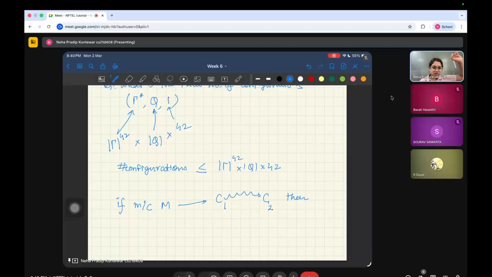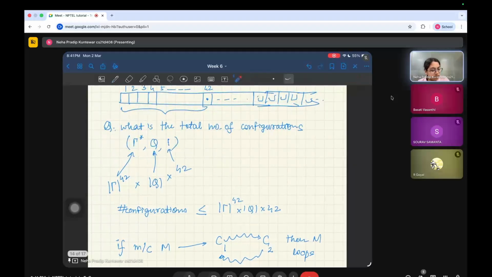There are some things in the intermediate, but it is possible to reach from C1 to C2, and then from C2 there is a series of configurations that will take you back to C1. Then M loops, right? Yes.